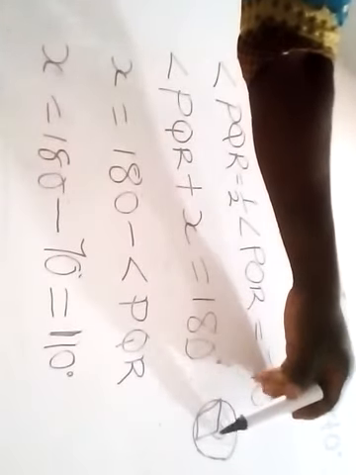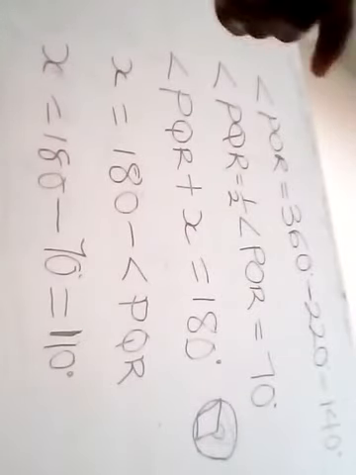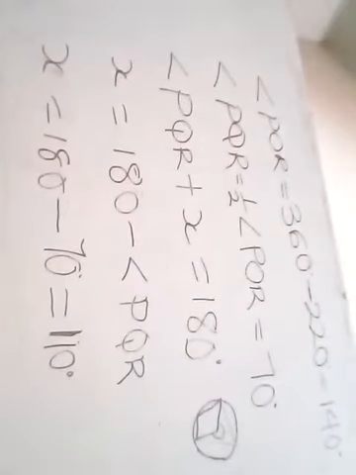Angles at a point are equal to 360 degrees. So you are going to subtract the reflex angle from the angle at the point, which is 360 degrees minus 200, which will give us what?